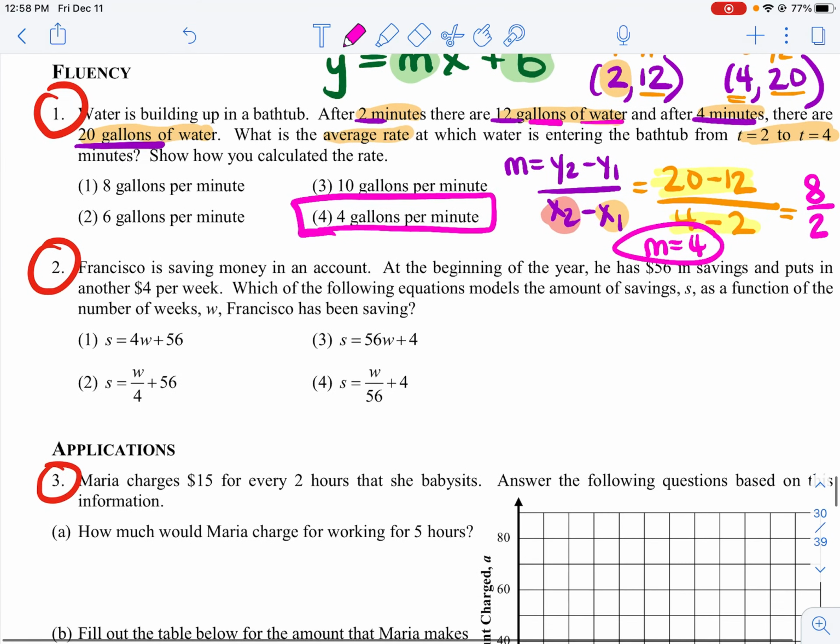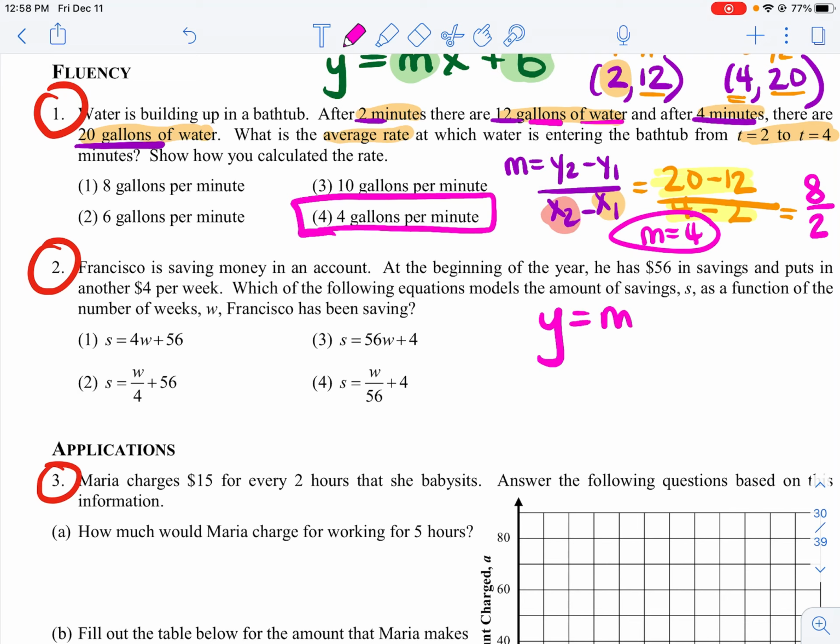Okay, now this one, guys, is a little bit easier because we can use that trick I mentioned at the beginning. We can sort of try to figure out what they're asking for by writing an equation. So remember, when they ask us to write an equation, we're going to use y equals mx plus b. And there's always two things we're going to fill in for, the m and the b. So let's read through this problem.